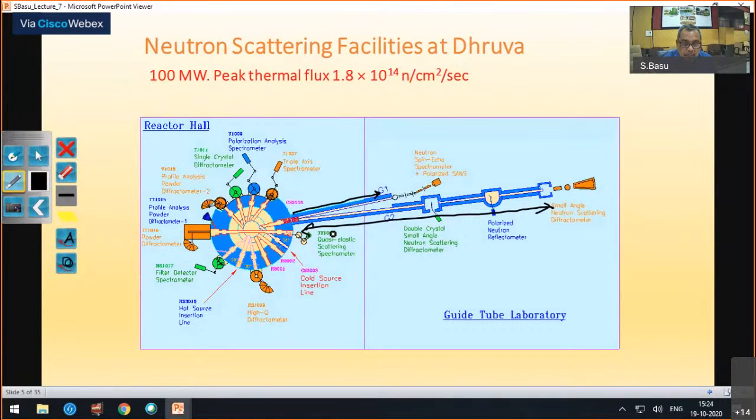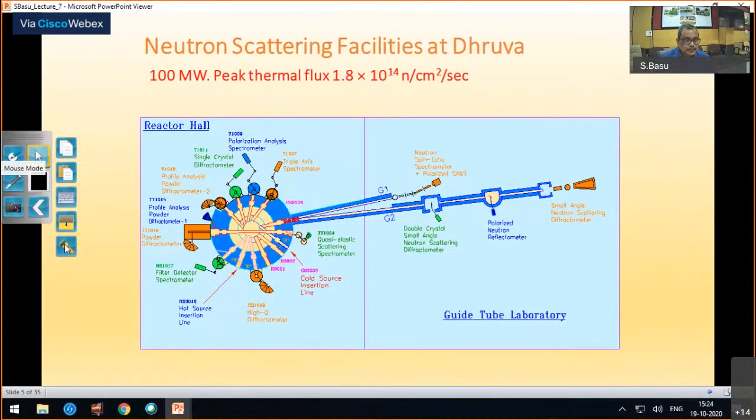If some of you plan to do experiments, then at any neutron source, whether it is a spallation neutron source or a reactor-based neutron source, you will encounter these guides. These guide halls are huge, and just to give you a taste of it, I will show you some of these guide halls.